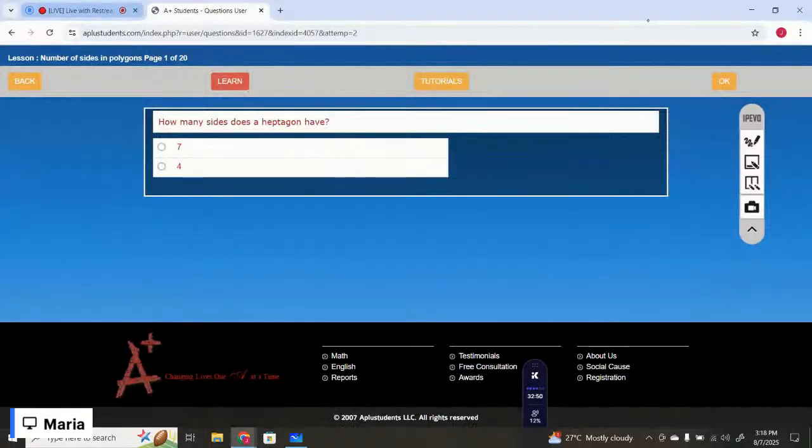How many sides does a heptagon have? A heptagon has seven sides.